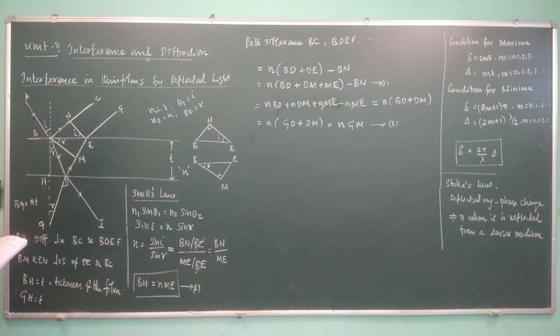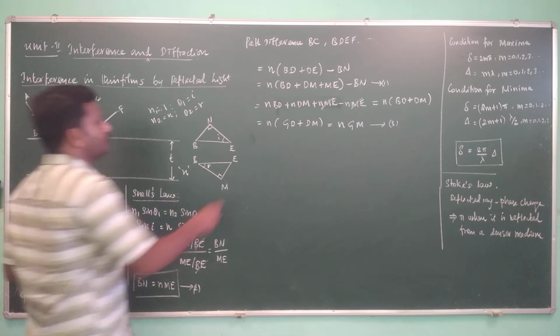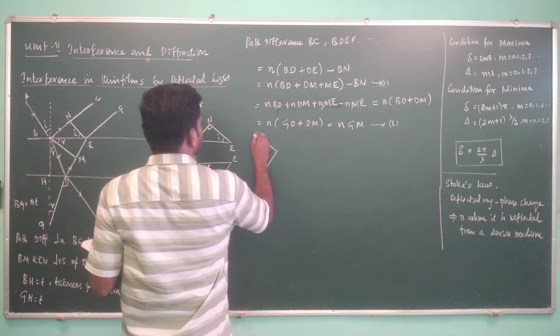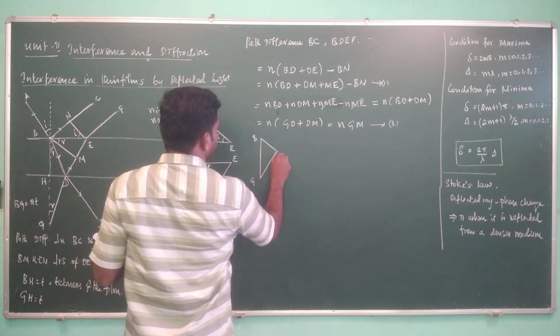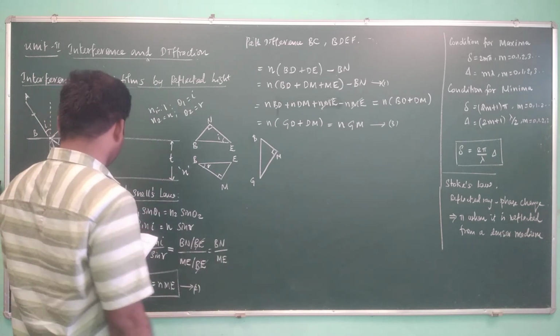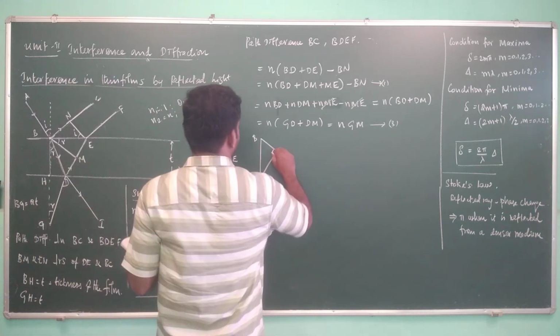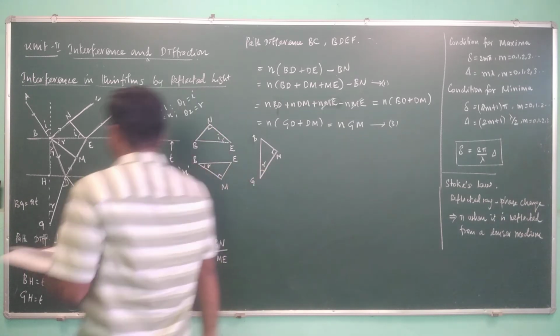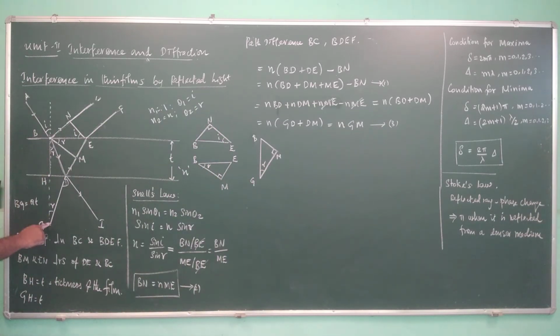Now let us consider the triangle BGM. This is perpendicular, and here this is R. This is normal, here the angle is R.